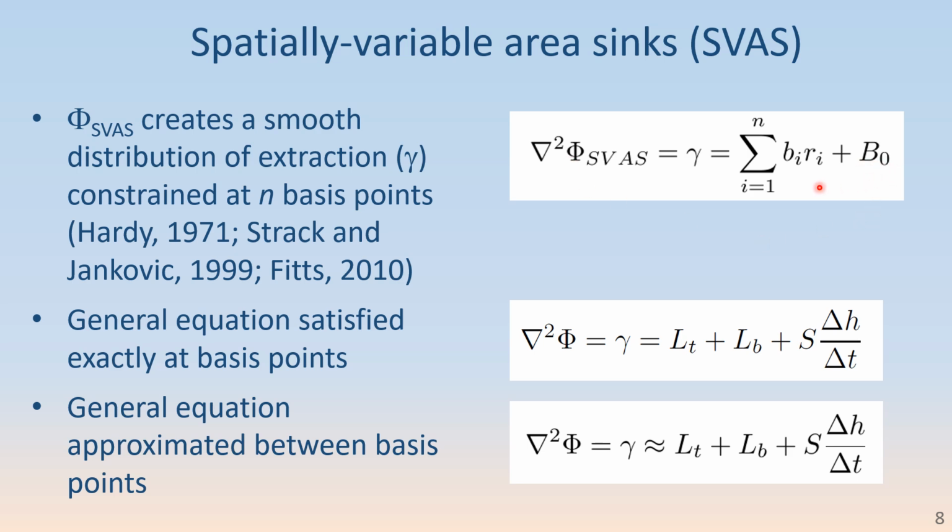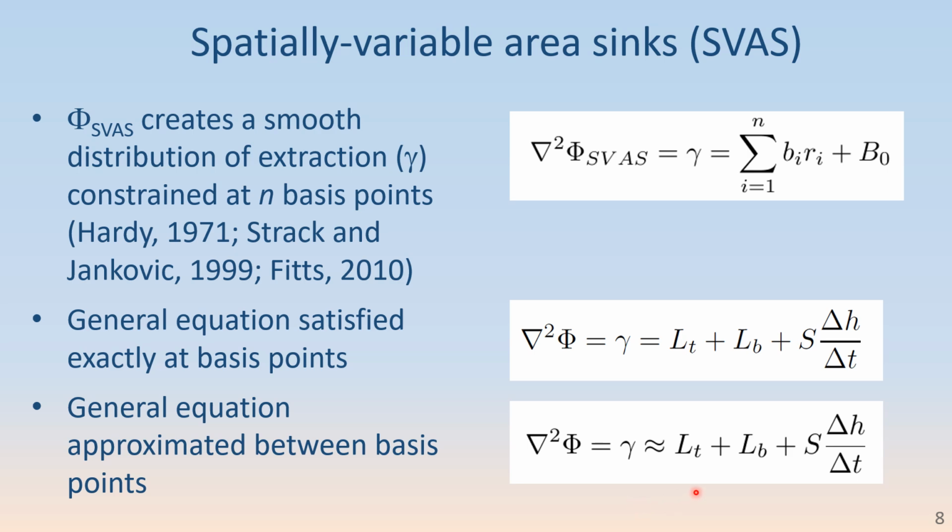Anaqsim solves for these constants, little b sub i and large B sub o, by imposing this equation at every basis point. So we perfectly get the extraction we need at each basis point, the sum of the vertical leakages and the flux into storage. In between basis points, we have a smooth distribution of extraction, and this equation is only approximate.